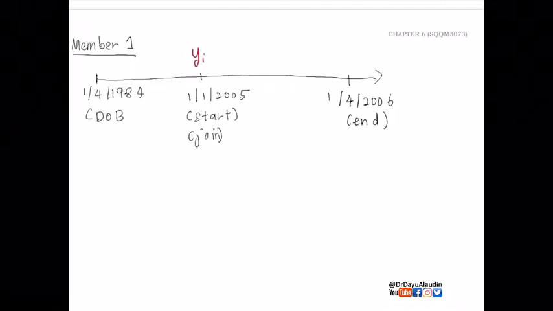Yi is at age, from 1st April 1984 until 1st April 2005, member 1 is 21 years old. The difference here is 3 months.